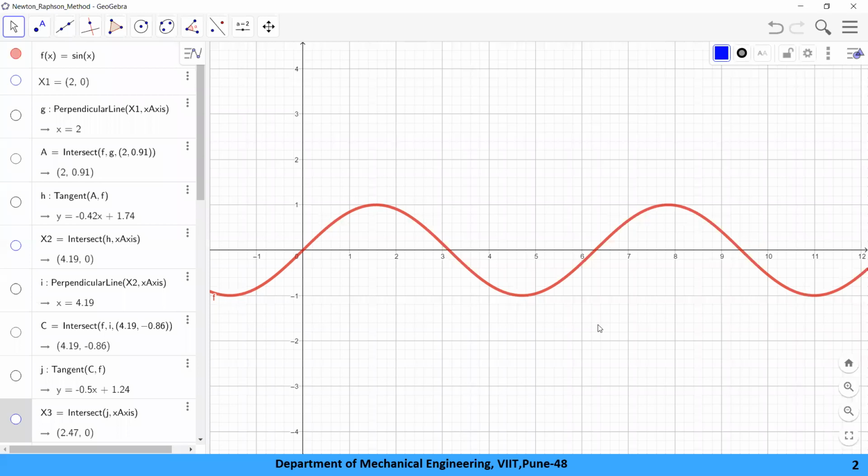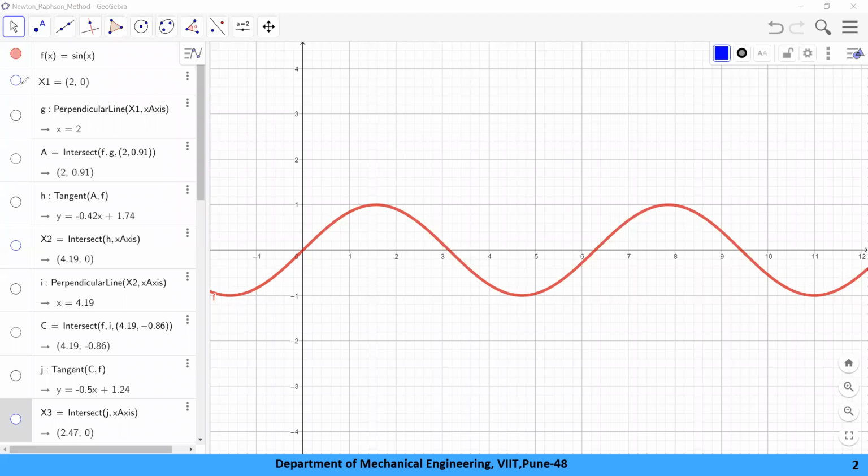Now see, I have taken a very easy function for us: f of x equal to sin of x. Here our aim is to get a root. Sin of x is a transcendental equation. It will have almost an infinite number of roots. So we are going to look for this root. How does this work? You start with an initial guess.